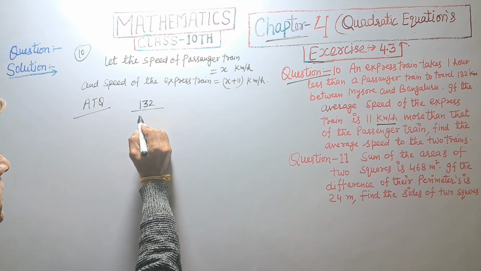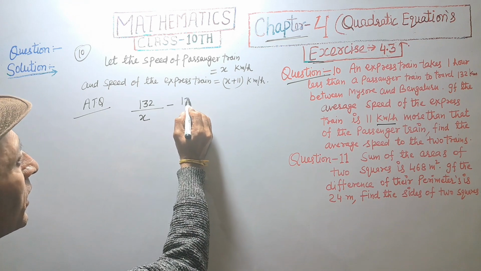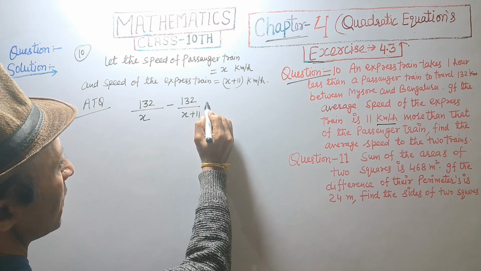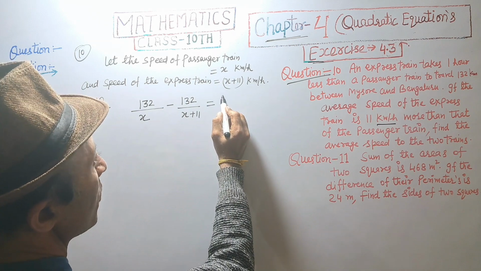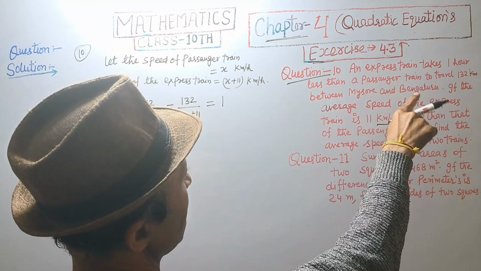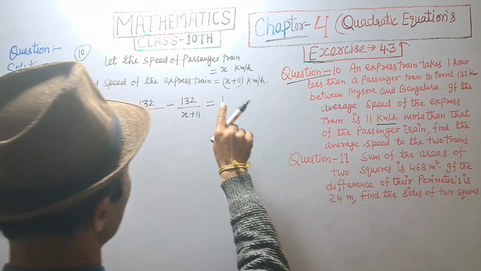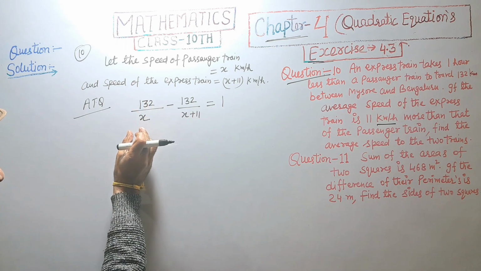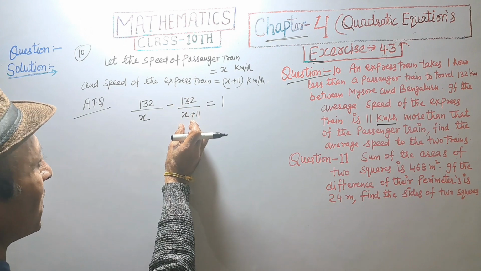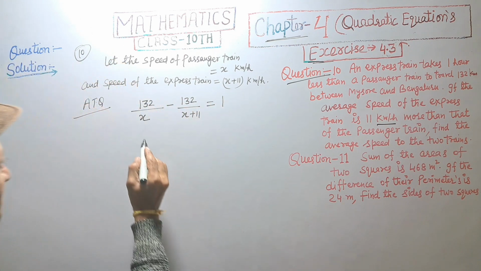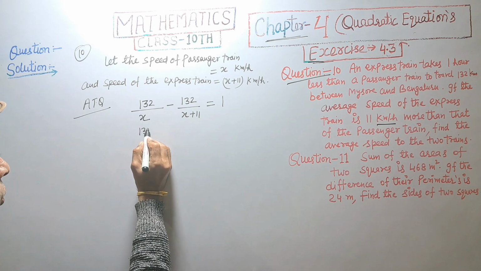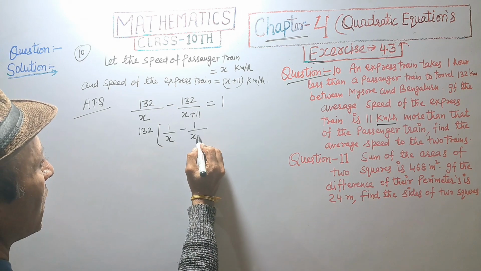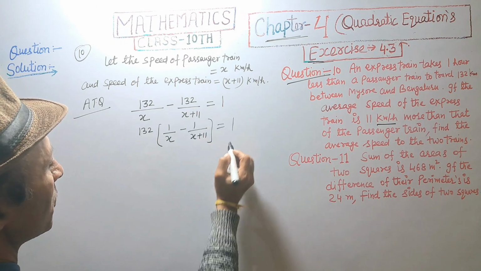132 divided by x minus 132 divided by x plus 11 is equal to 1, since the express train takes 1 hour less. 132 is common, so 1 upon x minus 1 upon x plus 11 is equal to 1.